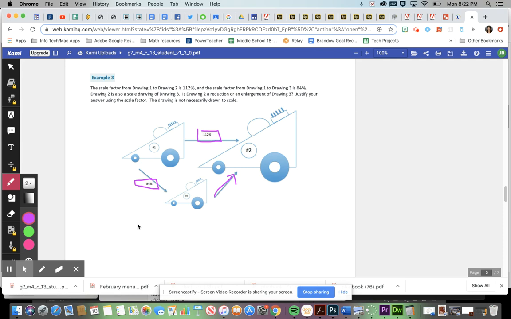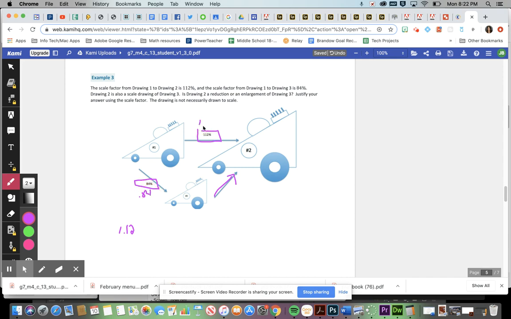So first I need to find the scale factor of drawing 3 to drawing 2, and I can use my 2 scale factors that I already know. I know 112%, which is 1.12, and I know 84%, which as a decimal is 0.84.